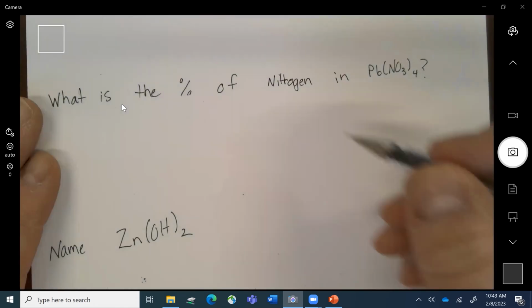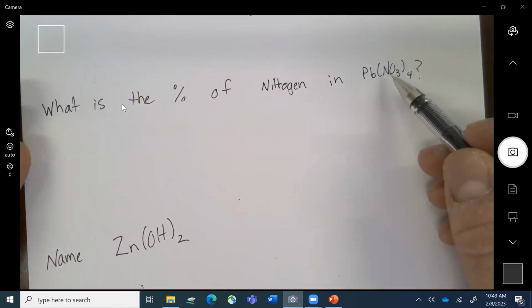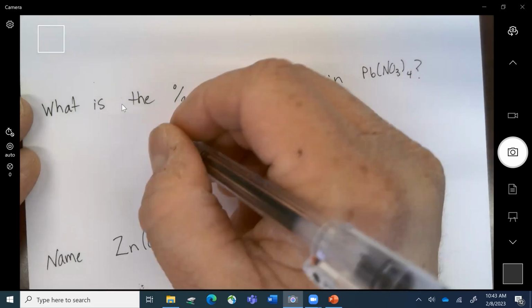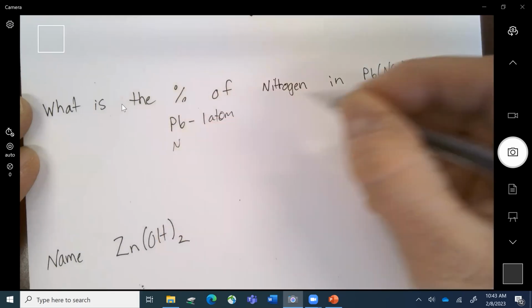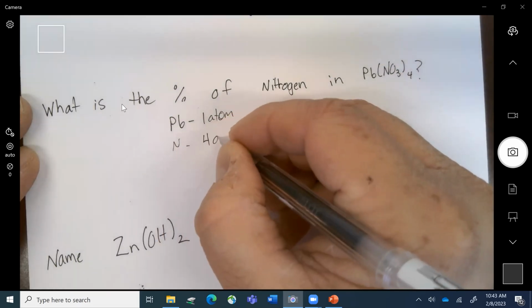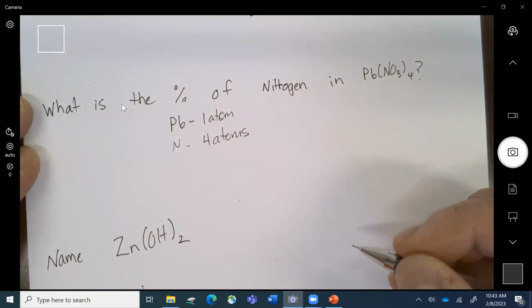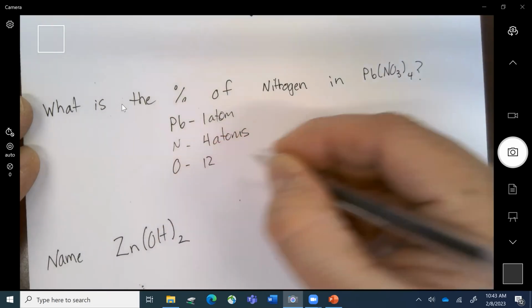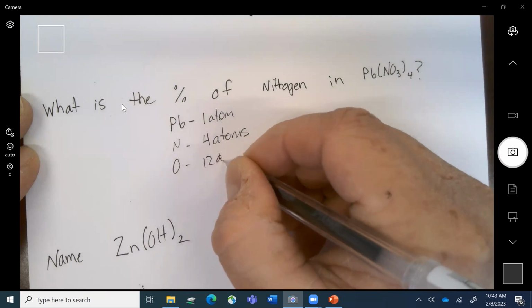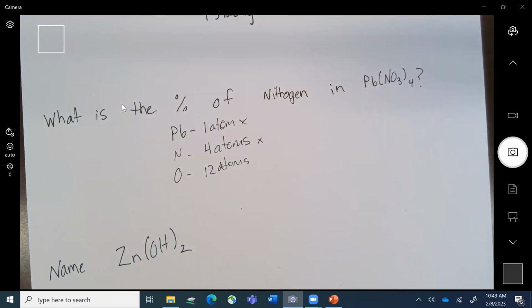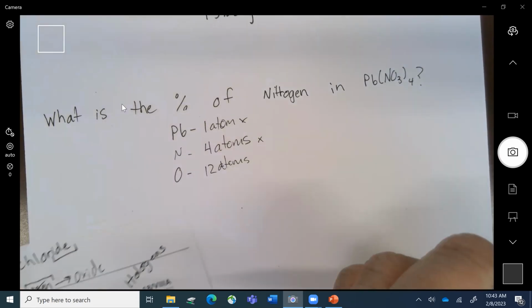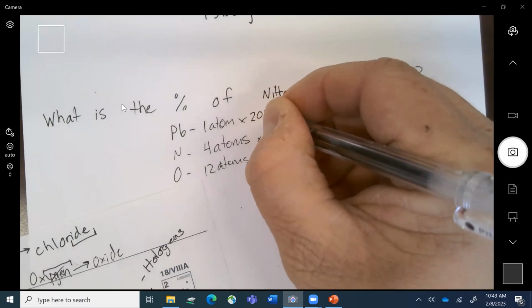All right. What is the percent of nitrogen in lead 4 nitrate? Okay, so Pb, there's only one atom. Nitrogen, there is 4. Oxygen, there is 12, 3 times 4, okay? Atoms. So lead weighs a lot. 207.2.